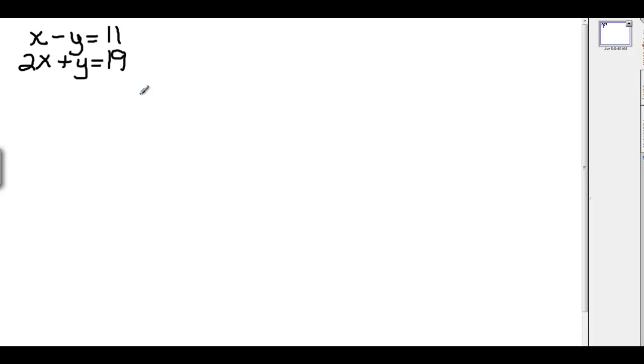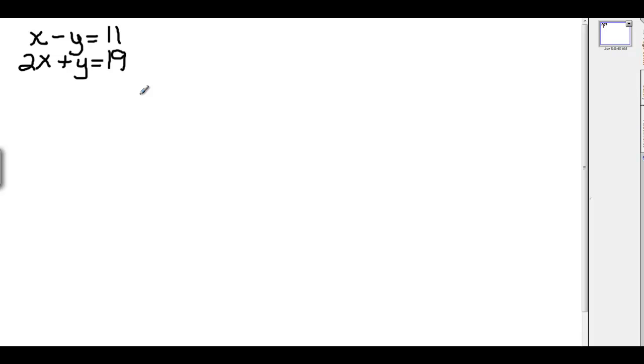Notice our x's are above the x's, our y's are lined up with the y's, the equals are on top of the equals, and the numbers are on top of the numbers. This means these equations are really set up to solve with elimination.